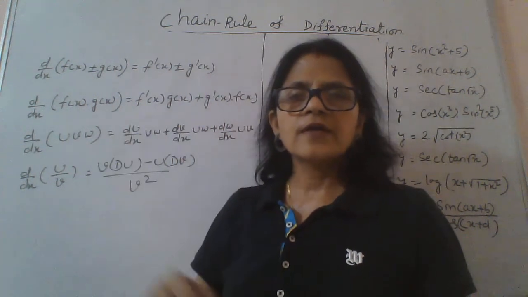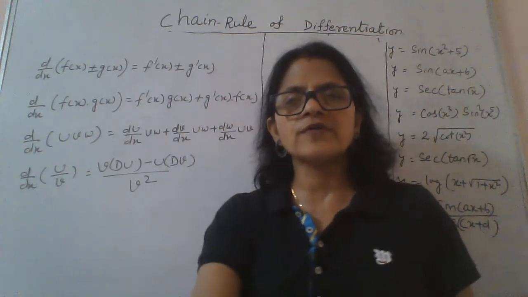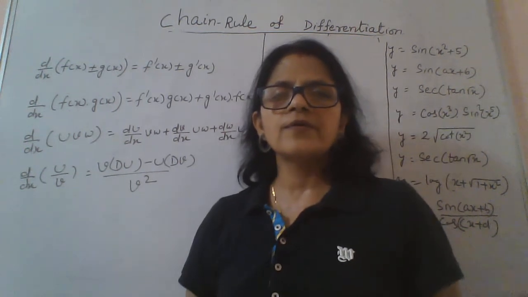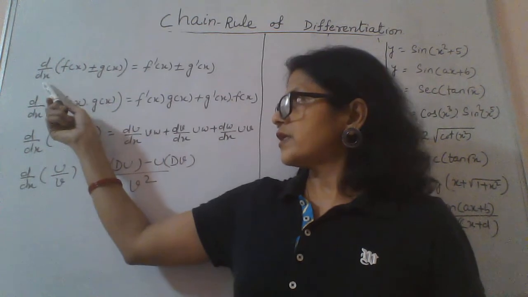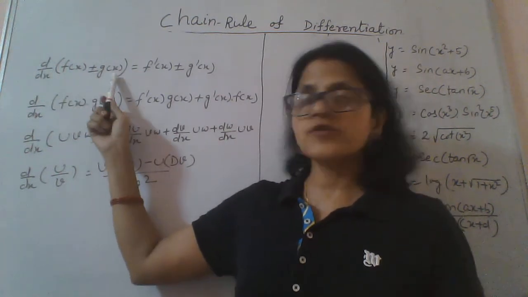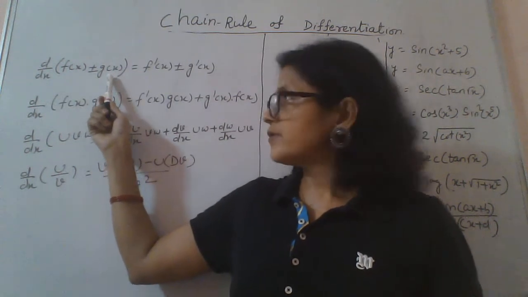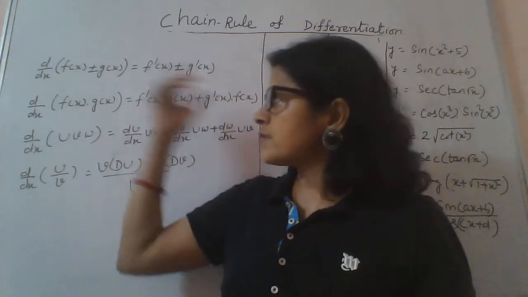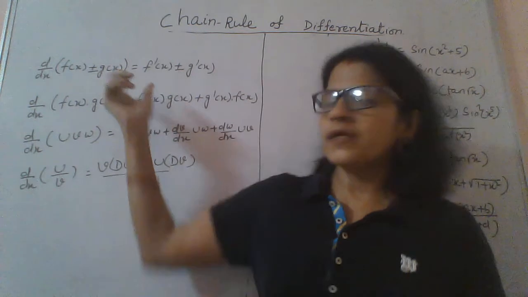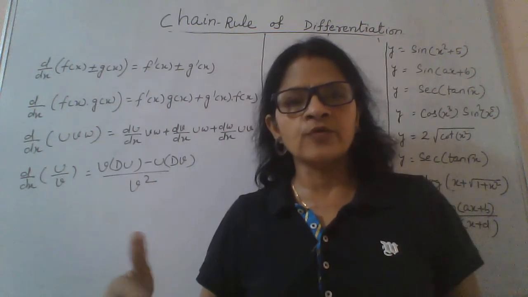It means the derivative of a sum of functions equals the sum of derivatives, and the derivative of a difference of two functions equals the difference of their derivatives. This property can be extended to more than two functions.